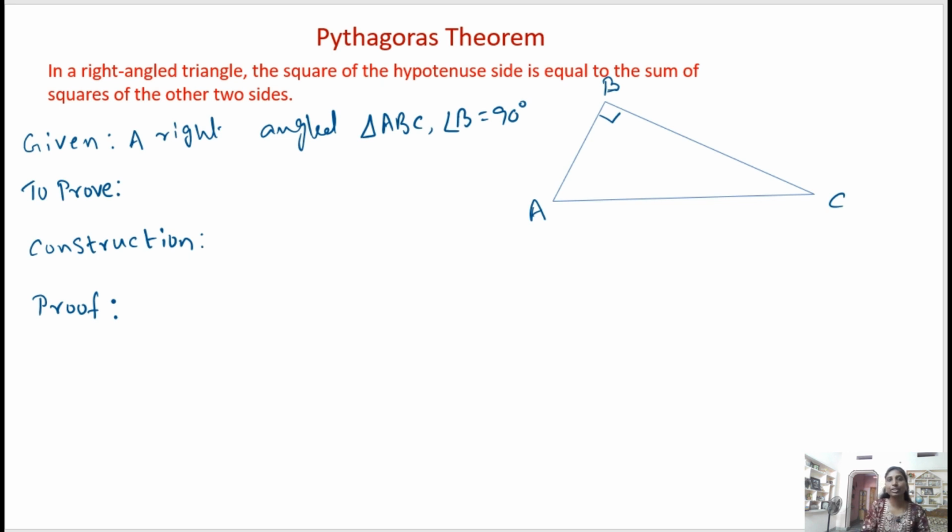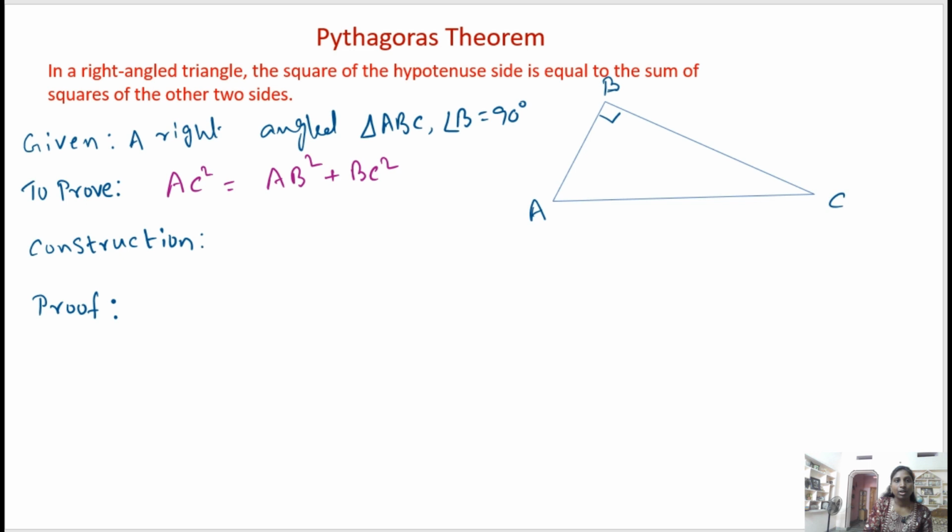So what do we need to prove? We need to prove that hypotenuse square is equal to side square plus side square. Clearly you can see here that AC is the hypotenuse, so we have to prove that AC square is equal to AB square plus BC square.